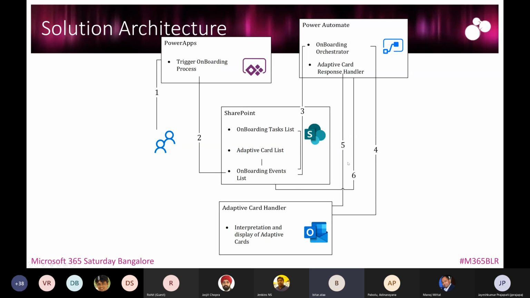I'm submitting an adaptive card with different fields. How will I be able to tell my Power Automate workflow to update a specific onboarding event SharePoint list item, and not any list item, but the list item that triggered the first workflow, the onboarding orchestrator workflow.